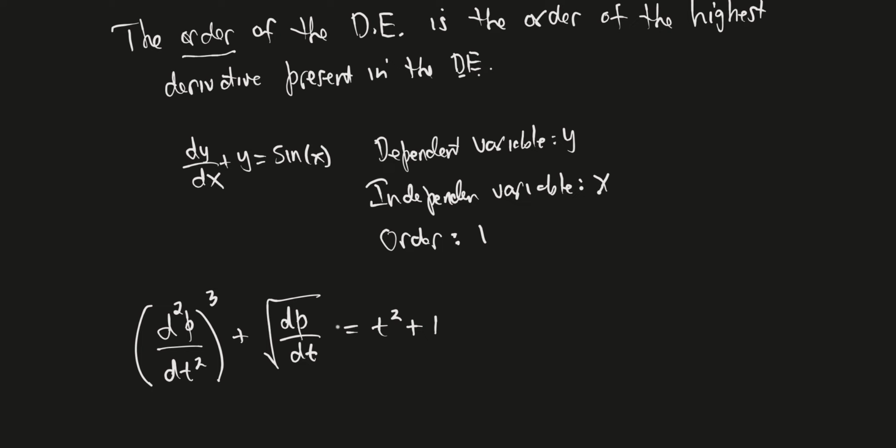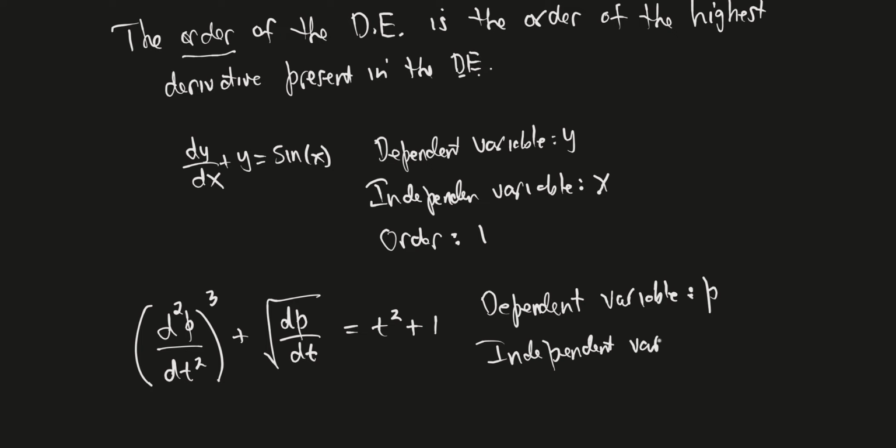So based on this, I can say that the dependent variable is p, and then our independent variable is t. Right, so here p would be a function of t.